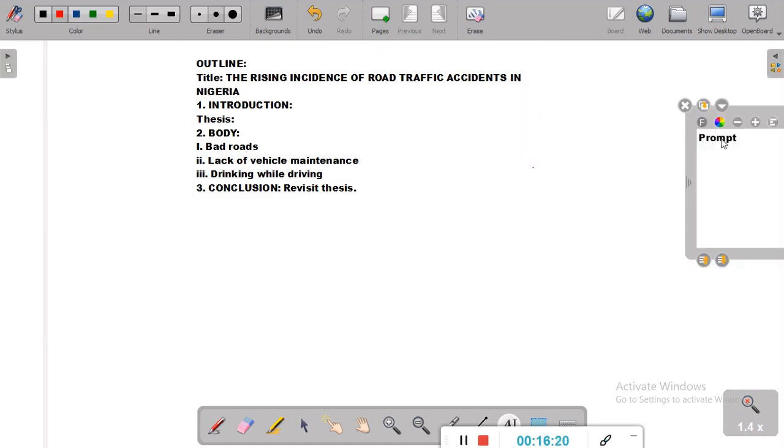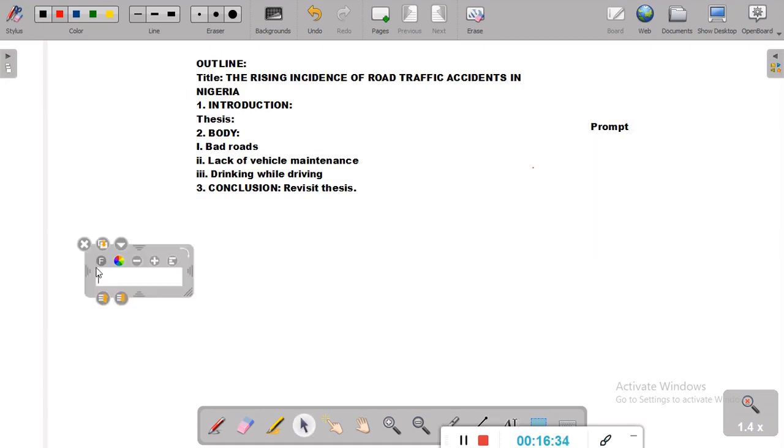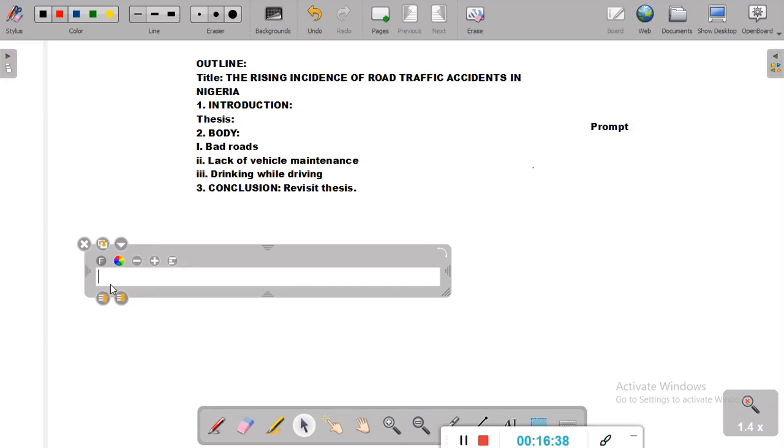We carve out our thesis from what is called the prompt. The prompt essentially is taken from the question we have been asked. Well, let's revisit the question here. Let me give you the question, so that you will know exactly what it is.